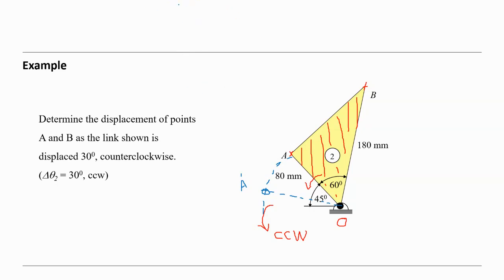And of course, if we know A prime, we can easily find the point B, because B also has to move on a circle with the center O, like this.